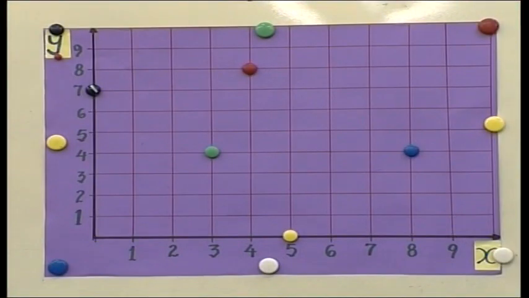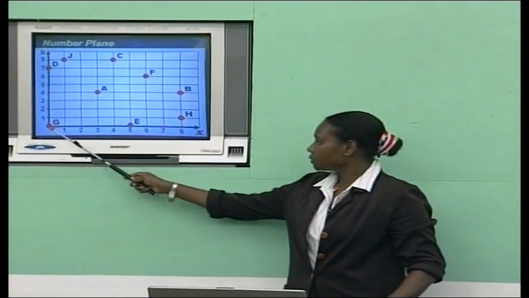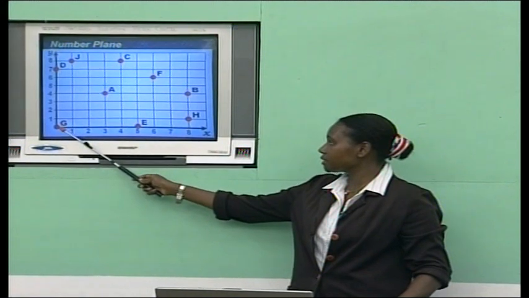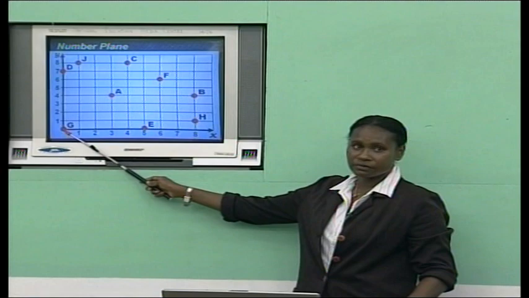Exercise number 2 from the PowerPoint. We have 0, 0. Read along the x-axis. This is where 0 is. Up the y-axis, we have 0 still here.